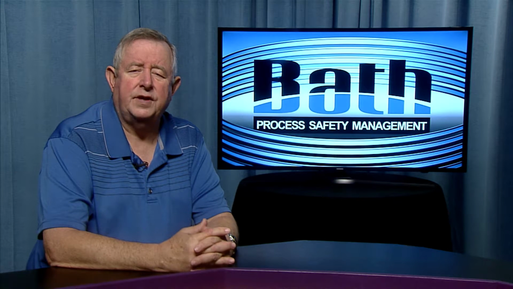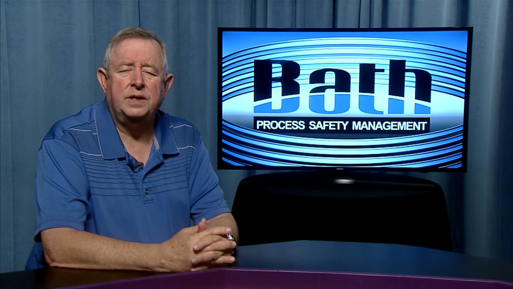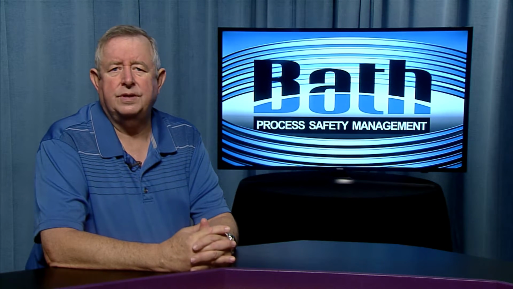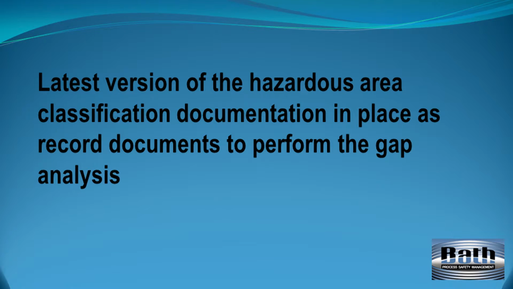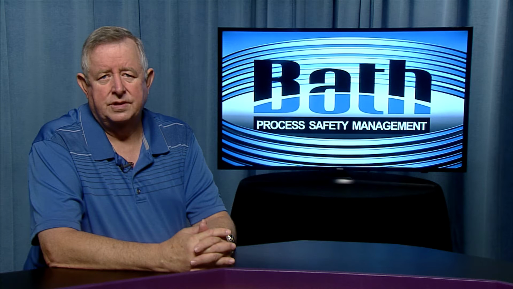Let's note some additional benefits of a hazardous area classification compliance assessment to fully address the answer to this question. The hazardous area classification compliance assessment uses the latest version of the hazardous area classification documentation in place as record documents to perform the gap analysis.